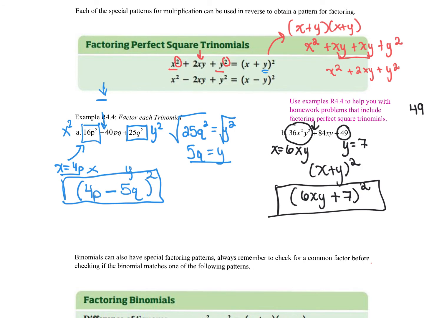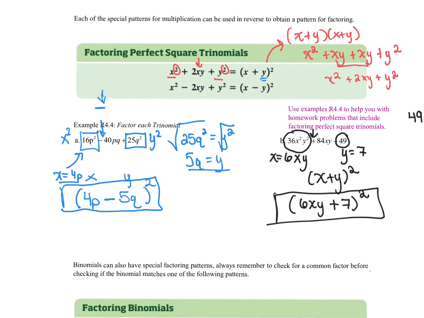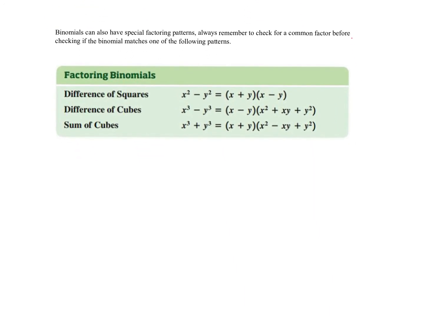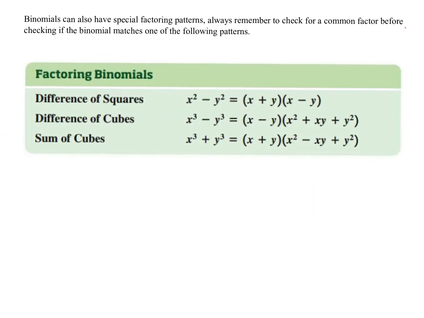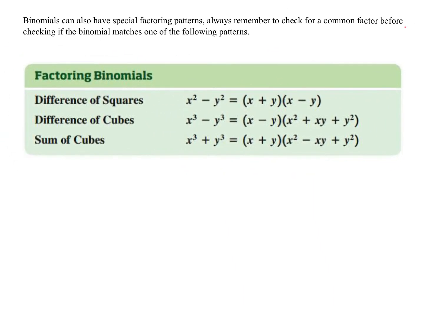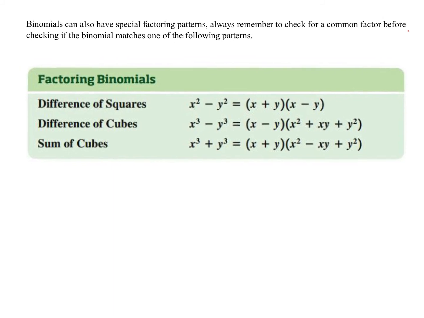Let's look at some more special factoring patterns. Okay, the first one I hope is kind of familiar. Let's say I do x squared minus 4. Both of those are perfect squares.